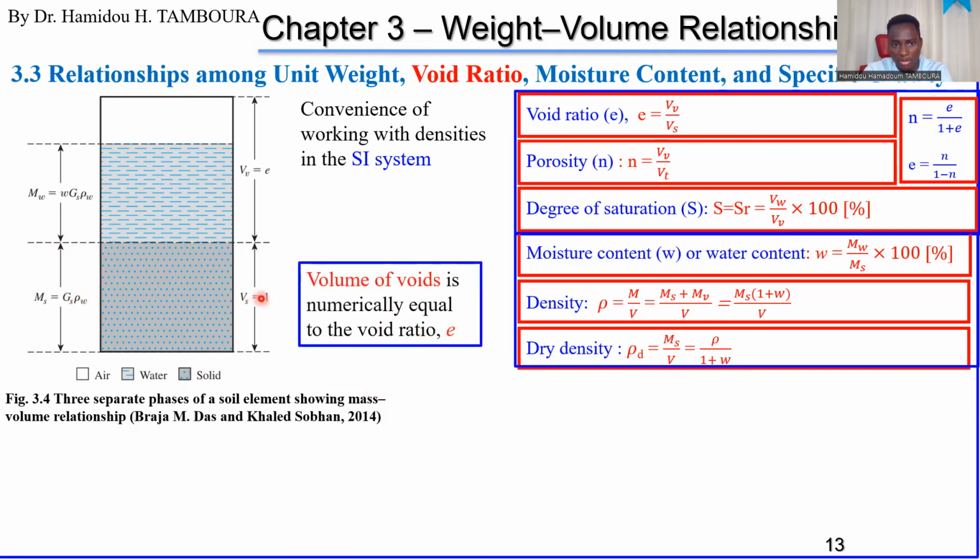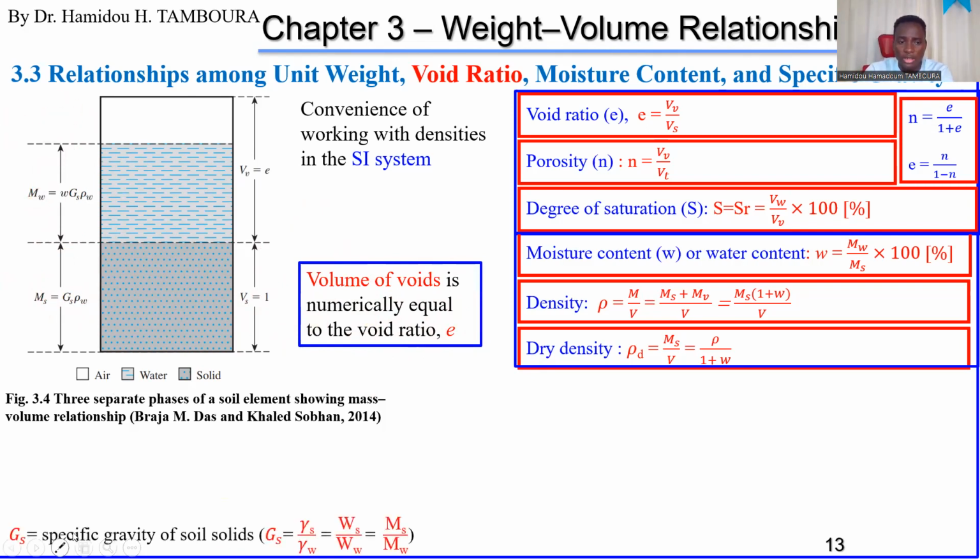The same goes for e. I will not spend time on this, please. Just replace what we have done before with the unit weight, and you can do it by using density. Instead of weight, we have here mass of solid, mass of water, and of course mass of air is neglected.